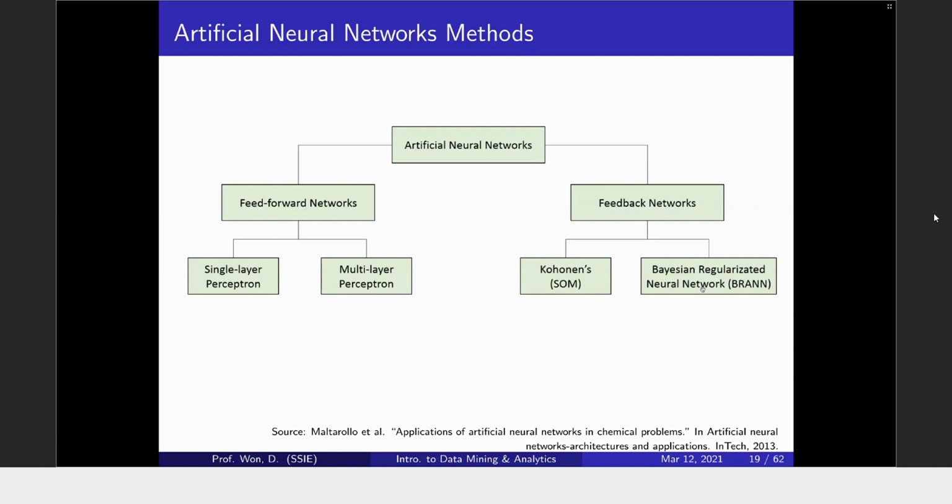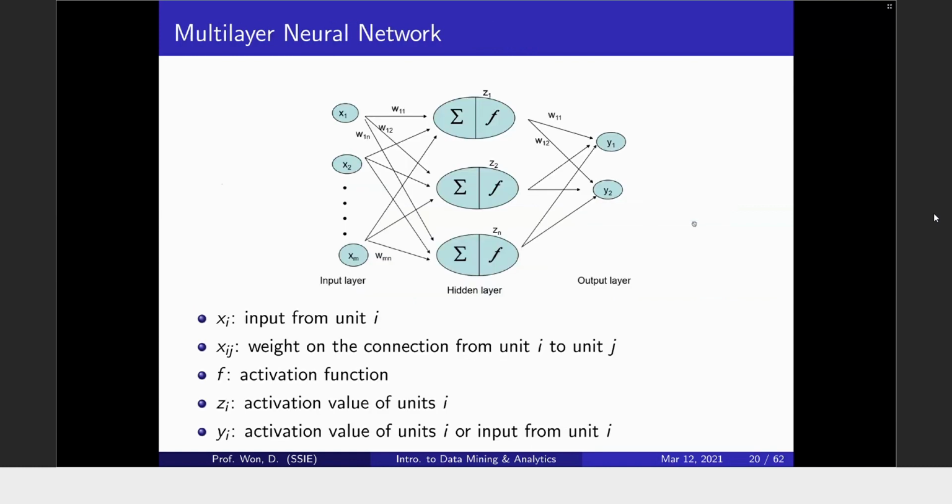But these feedback networks are nowadays considered by many people as a major methodology to make the artificial neural network relatively easy to calculate in the network structures. Just try to remember there are two kinds: feed forward and feedback neural networks.